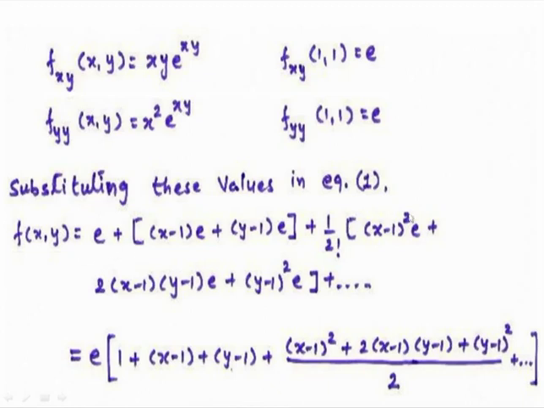So e is present in each and every term, so e can be taken as common factor. So e into the bracket 1 plus (x minus 1) plus (y minus 1), (x minus 1) whole square plus 2 into (x minus 1)(y minus 1) plus (y minus 1) square plus the remaining terms is also there. Okay, because of 1 upon 2 factorial, so we have to write down this 2.